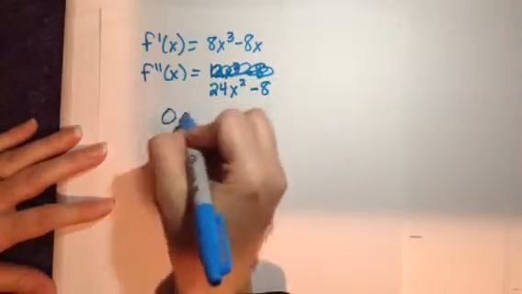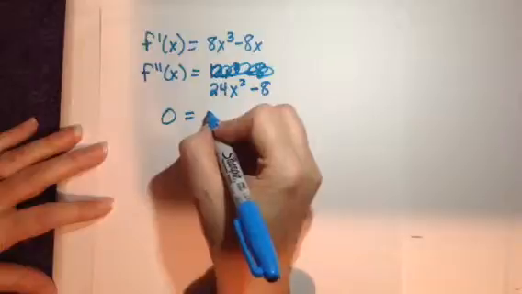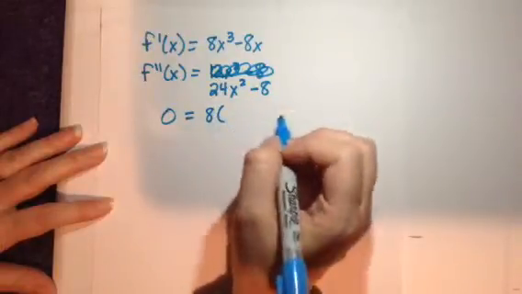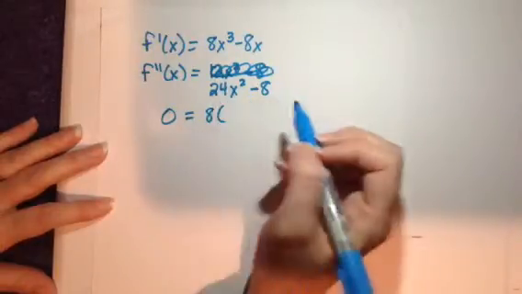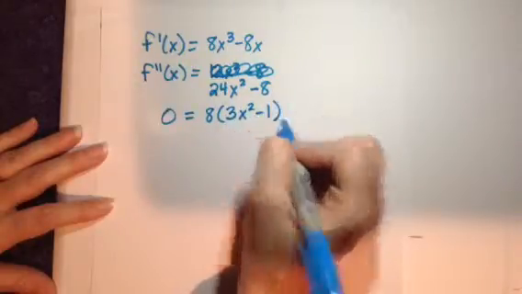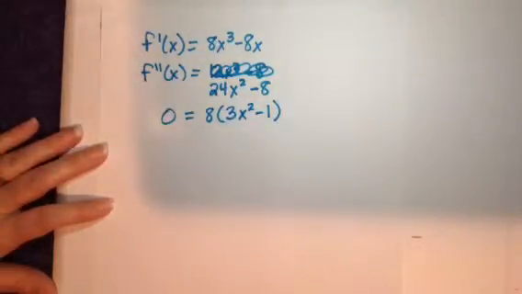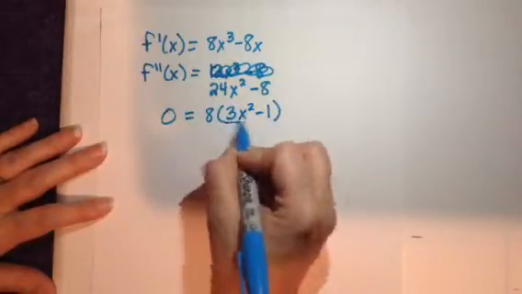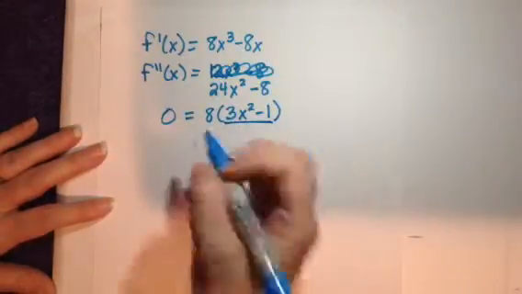All right, set that second derivative equal to 0, factor out an 8. 8 goes into 24 3 times. So that's what we end up getting: 3x squared minus 1 after we factor out an 8. Now, here is where my second derivative is going to equal 0.